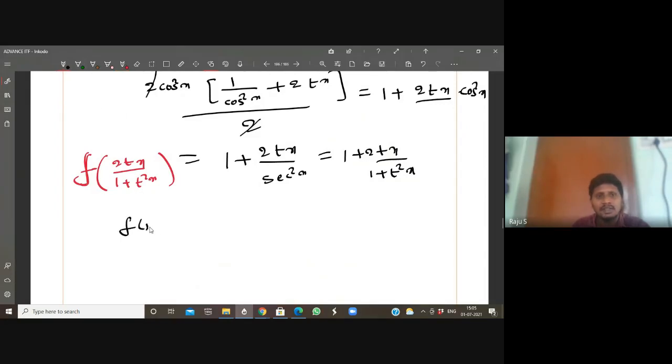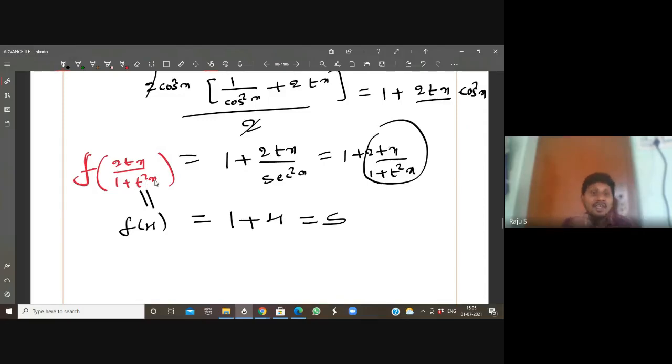In place of this, they're taking 4. So when this value becomes 4, 1 plus 4, the answer is 5. Same value, no? In place of 2 tan x by 1 plus tan square x, I replace 4. Even on the right side also you can substitute 4. 1 plus 4, 5. 5 is the answer.